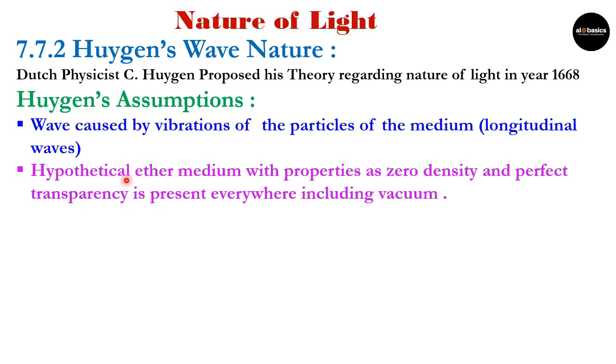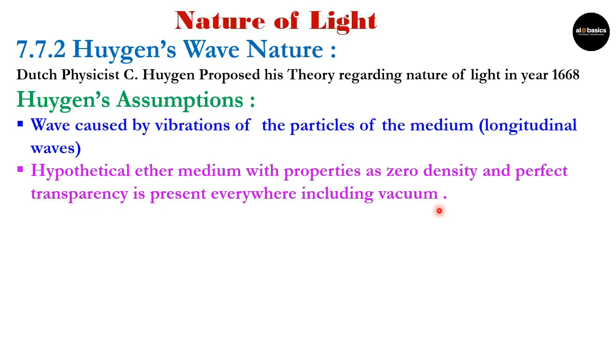Hypothetical means what? It is an imaginary medium, or we say a medium is present which we are not able to see. Now, what are the properties of this medium? It has zero density and perfect transparency, due to which we are not able to see that medium, and it is present everywhere including vacuum, because between sun and earth vacuum is present.